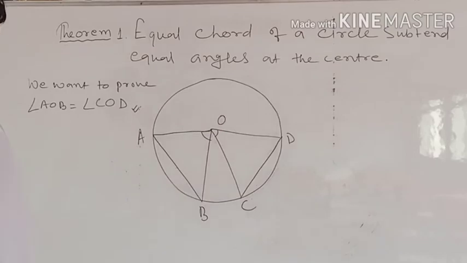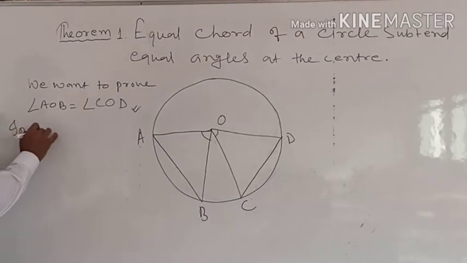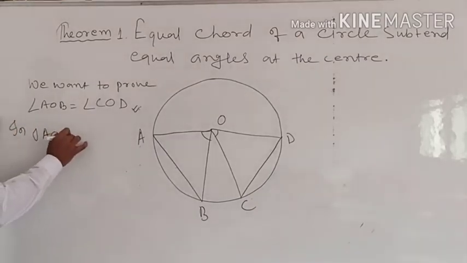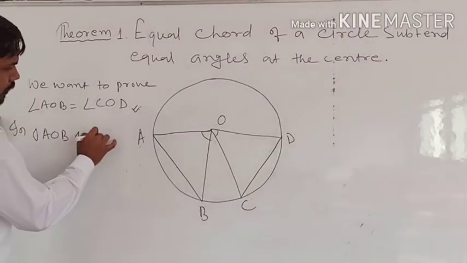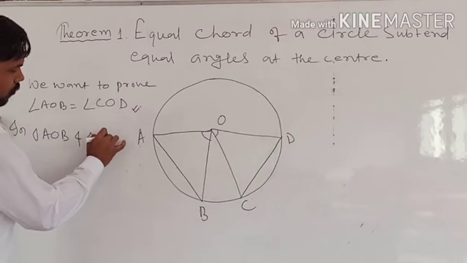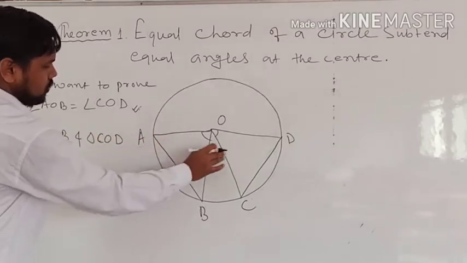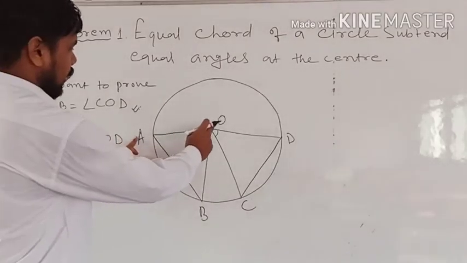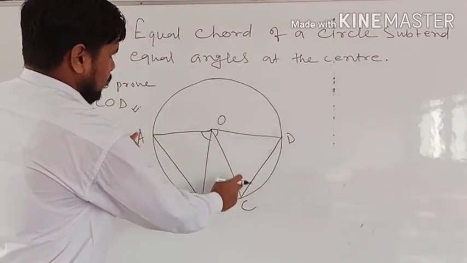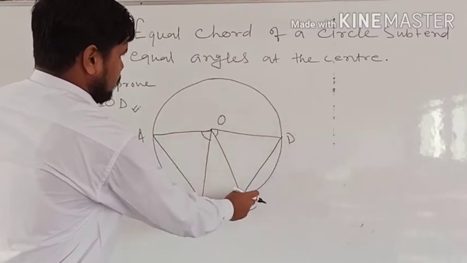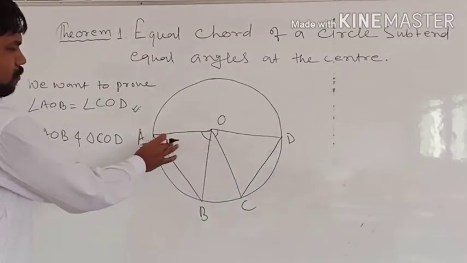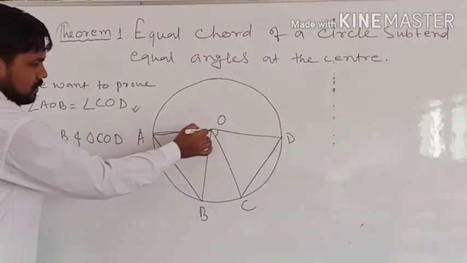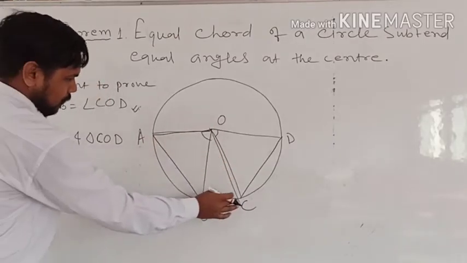So to prove this, let us take two triangles, AOB and COD. In these two triangles, first you can see AO and OC: these are the same radius of the circle. This is also a radius of the circle, and this is also a radius of the circle.